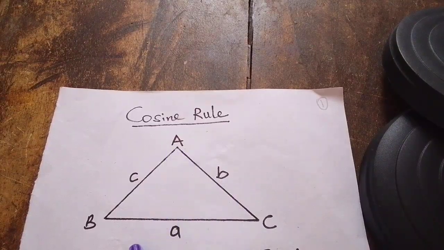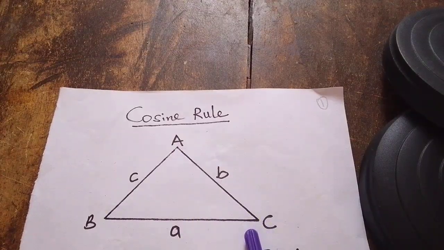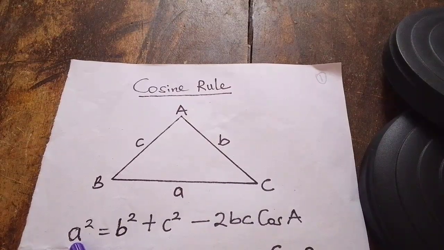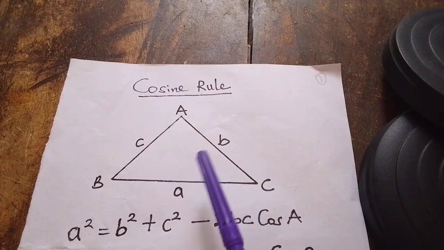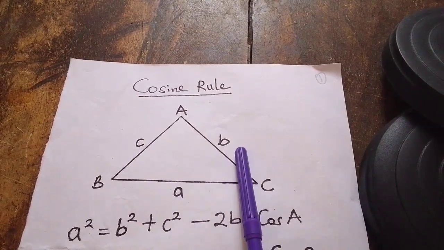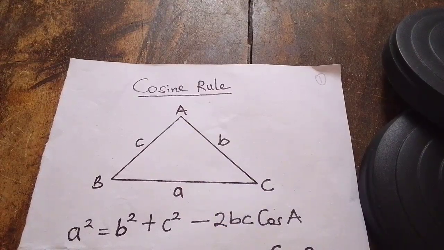Normally this can be given any alphabet, but if you just understand how to arrange it, you'll be able to know how to write your cosine rule. So if you are looking for side a, a square should be equal to b square plus c square minus 2bc times the cos of this angle. So this is the cosine rule.